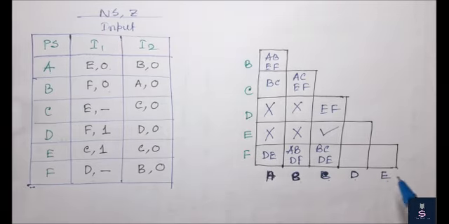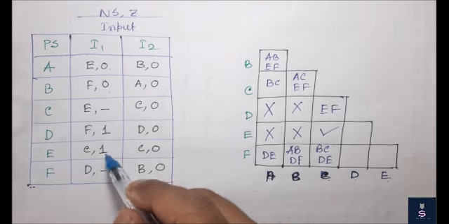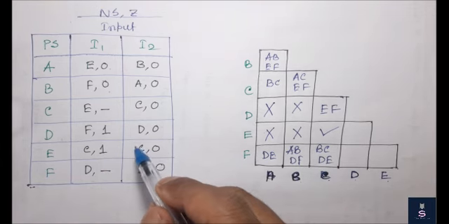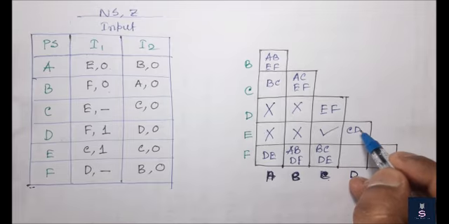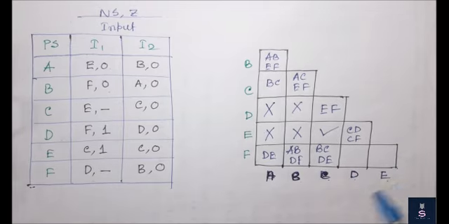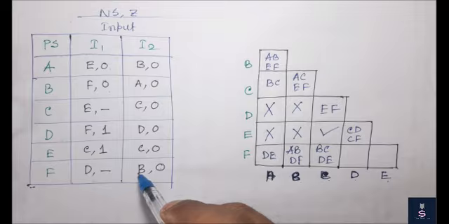Okay. Now consider this one DE. So consider DE 1 1 0 0, output CD and FC. So CD and CF. Okay. Now consider this one DF, DF 1 don't care 0 0, so BD and DF.